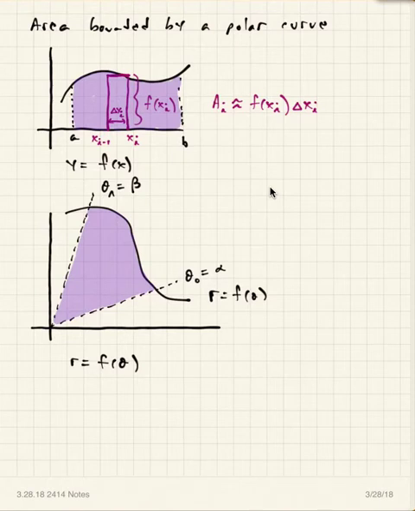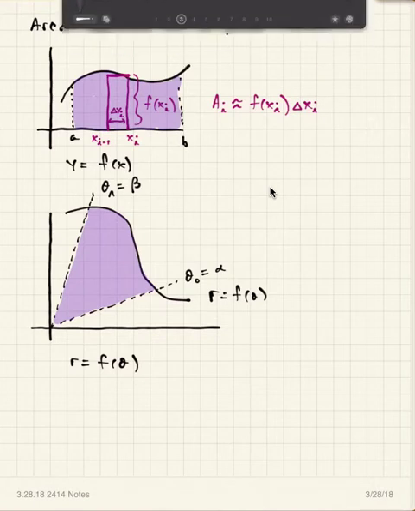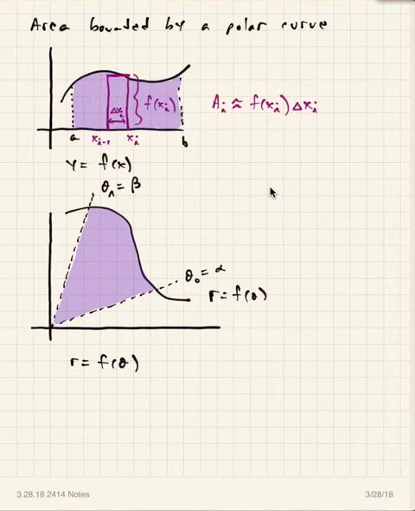So what do we do in the rectangular form? We took a little increment of the domain. We call that delta x sub i. Well, we do exactly the same thing here in polar coordinates: we increment the domain. We take a little slice of that domain, and I'm going to make it bigger than it needs to be here, certainly.